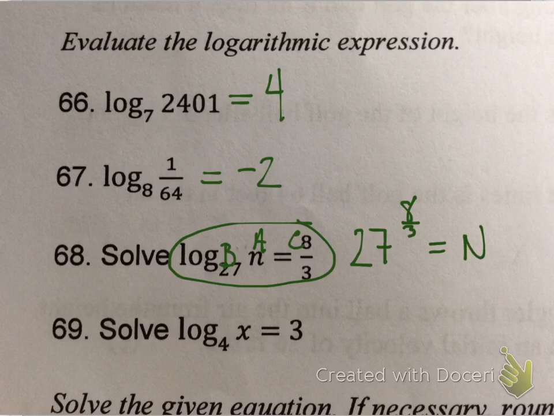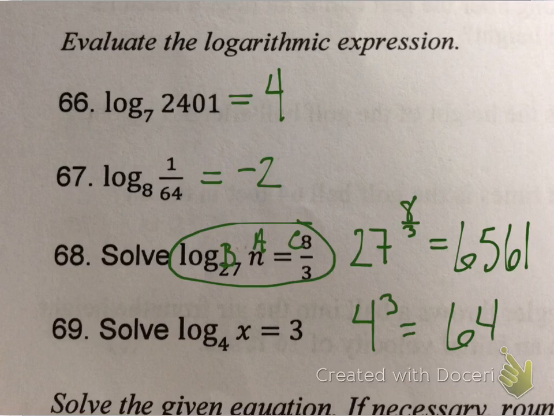Whoops, that was a mistake, hold up. So then that is 6,561. Same thing here, 4 to the 3rd power is 64. Basically I rewrote them into exponential form and then typed them into the calculator to find the answer.